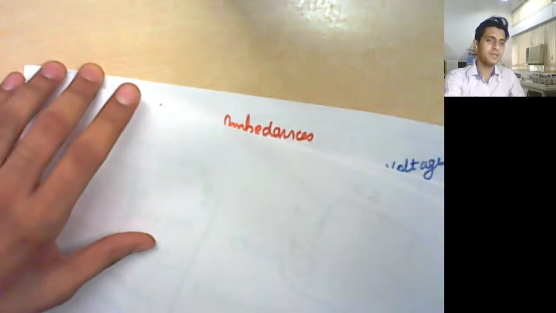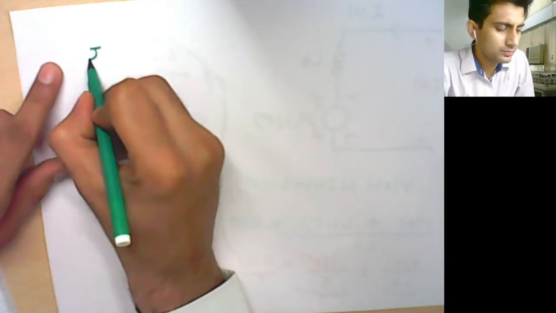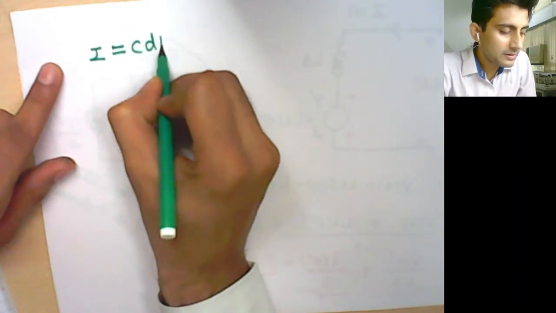Let us try to find that out. We start with the simple differential equation for capacitance, given by i is equal to C dV by dt.